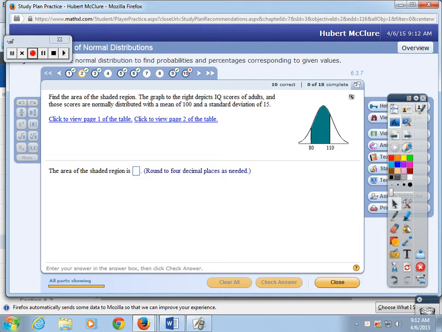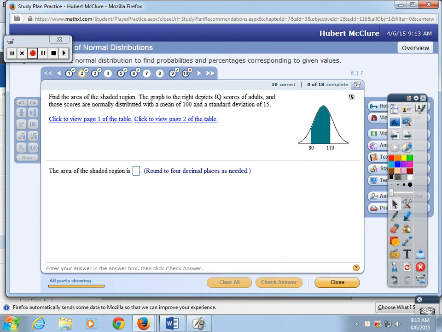It says, find the area of the shaded region. The graph to the right depicts IQ scores of adults, and those scores are normally distributed with a mean of 100 and a standard deviation of 15. That's the difference. In 6.3, the mean and standard deviation is not going to be 0 and 1. The mean and standard deviation is going to be something totally different.